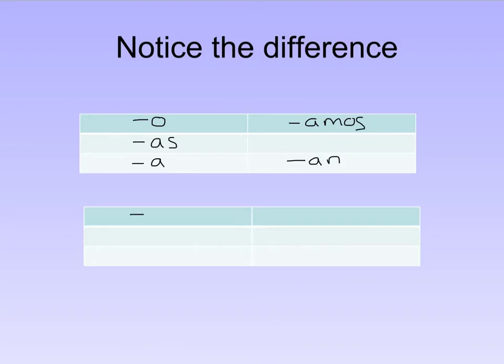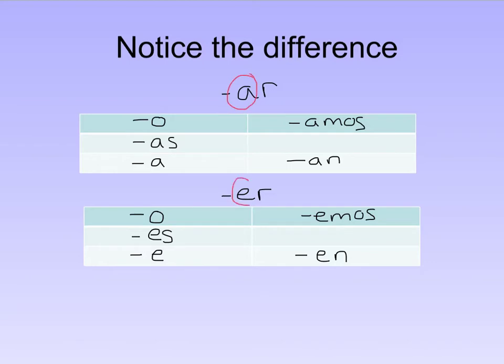And for ER verbs, we have o, es, e, emos, en. So where there was an A, now there's an E. These are A's and these are E's. Makes sense, right?